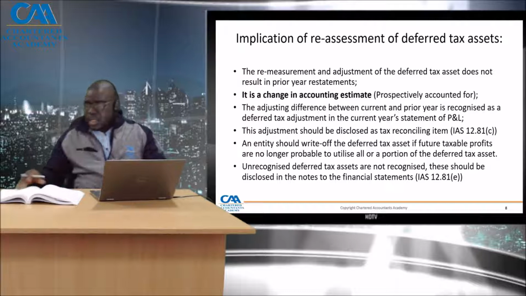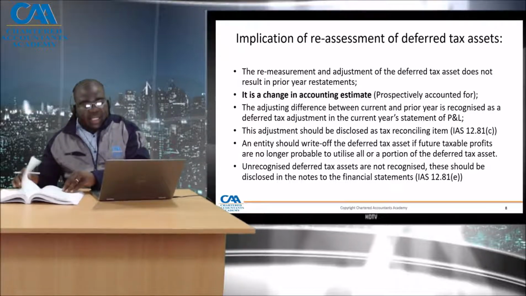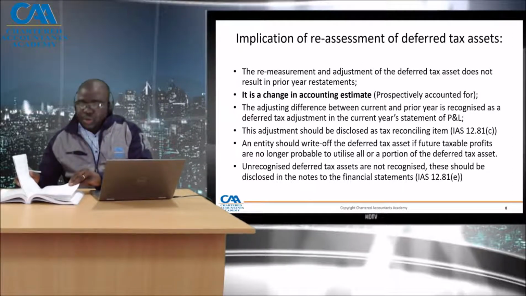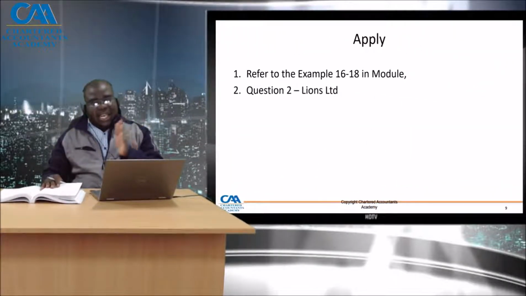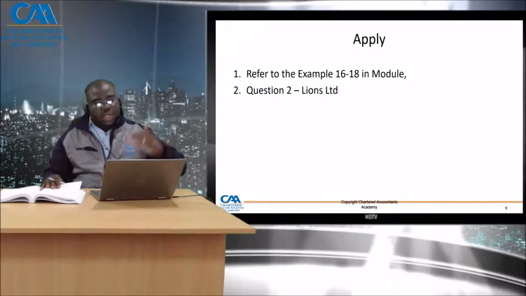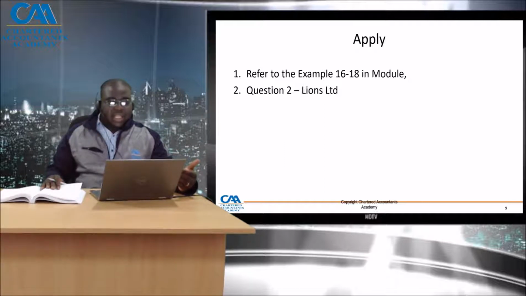So there are examples 16 to 18 that deal with assessed losses, and from examples 16, 17, 18, we have actually shown gradually the ways in which you can apply your assessed losses for current and deferred tax.